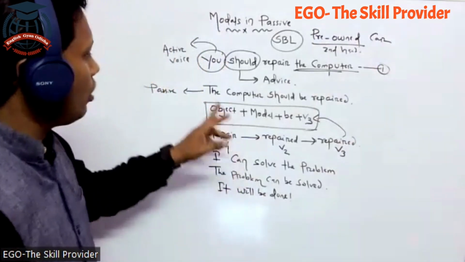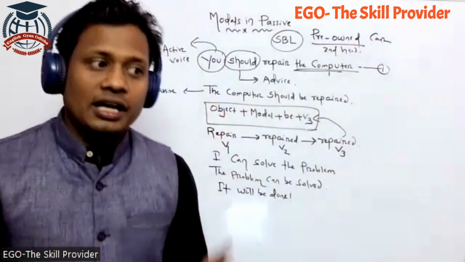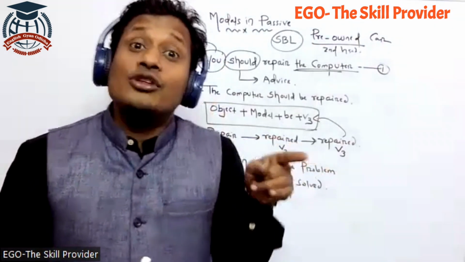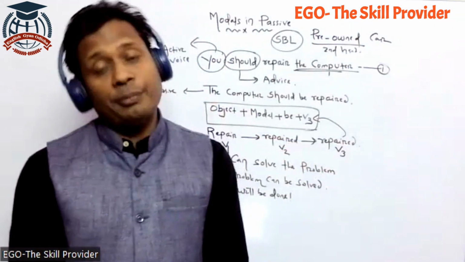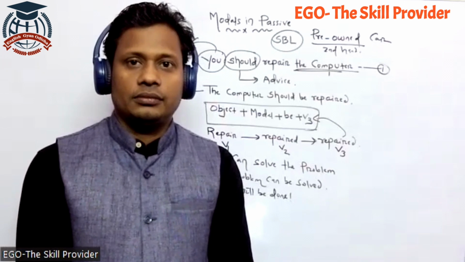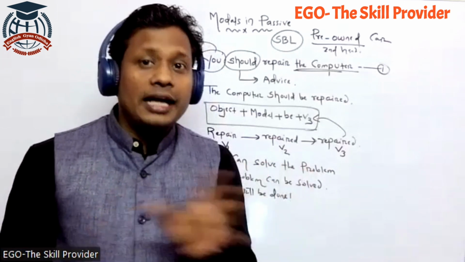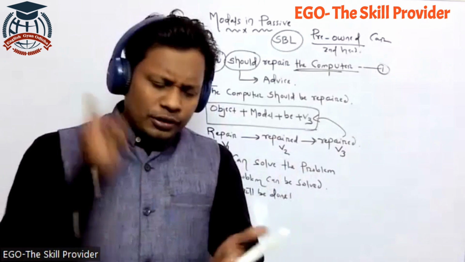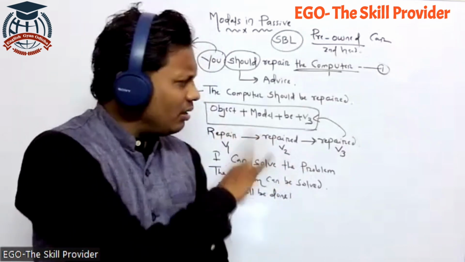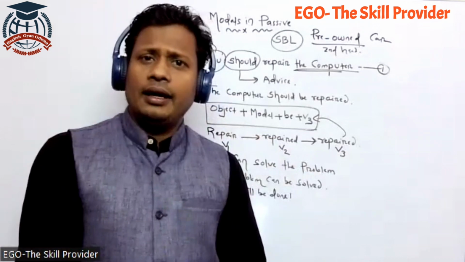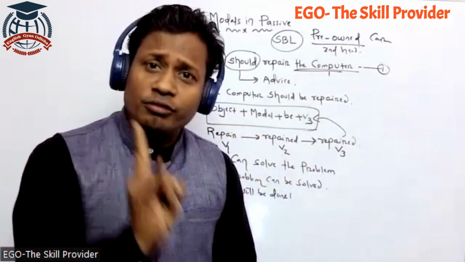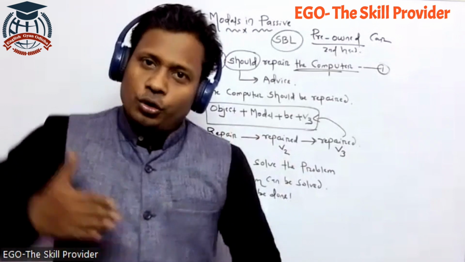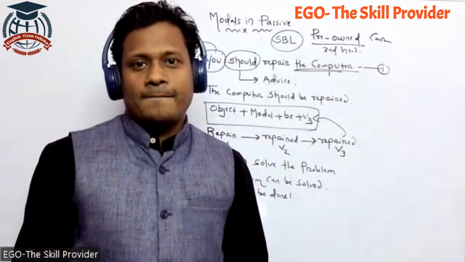Okay, so suppose you see pre-owned cars are sold here, you see 100% are sold, and not I am selling. Forget about English, in Odia 30% of your conversation is rooted through passive 100%.